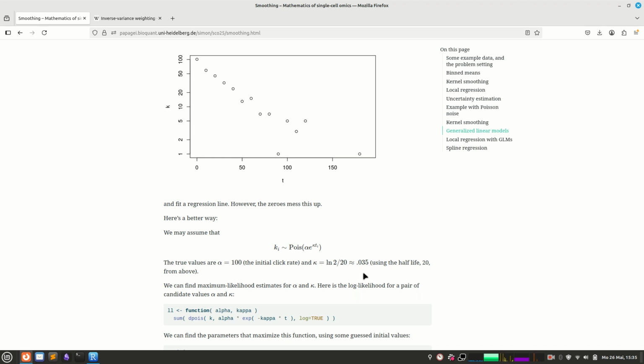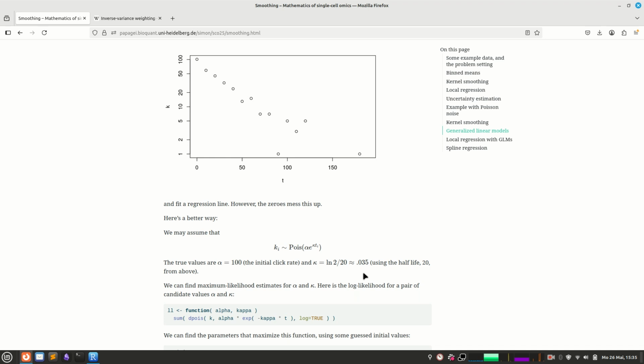So we use this probability mass function and insert the values k_i that we have here, and for lambda we insert our expected click rate, alpha times e to the kappa times t_i.